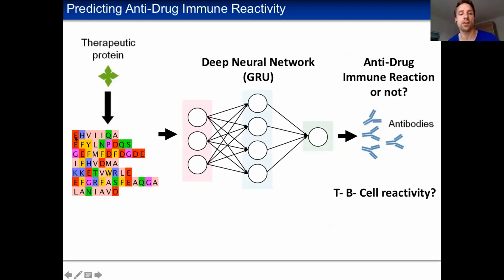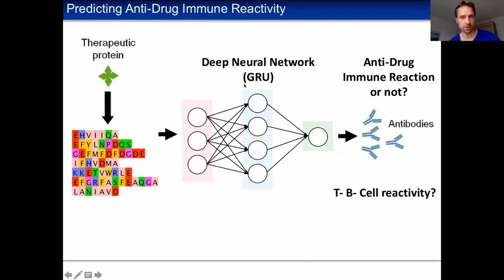So you can actually say, okay, I have a classification. This is my peptide sequence. It causes B or T cell reaction. It has been shown to be the case. And then you can train a deep neural network.